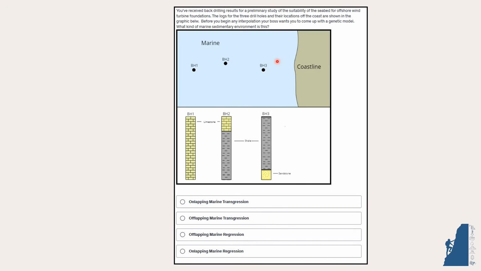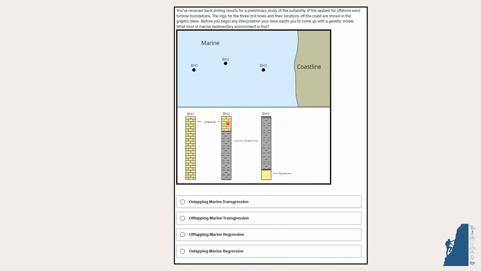So here's our map with our boreholes. Here are our 3 boreholes, and our answers all involve transgression or regression, onlapping or offlapping. So that's what we should be focusing on when we are interpreting this. Borehole 1, which is furthest off the coast, contains limestone, typically forming in a deeper marine setting.